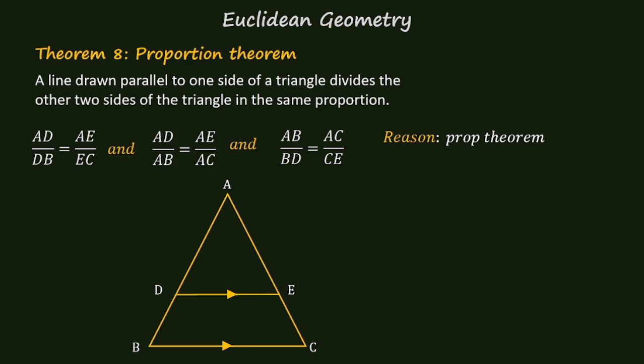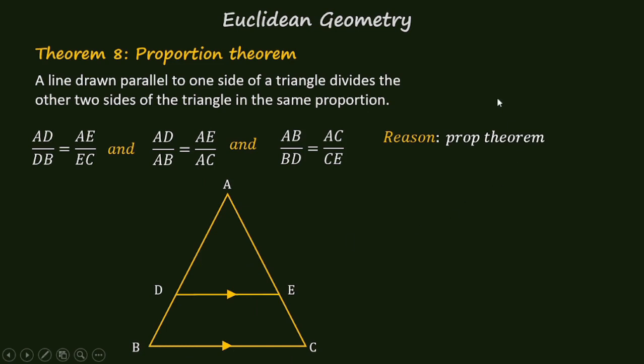Similarly, if I make the ratio AD over AB with the side AB, that will be equal to AE over AC. We can also do the same with AB over BD and AC over CE, as long as the side DE is parallel to the side BC.